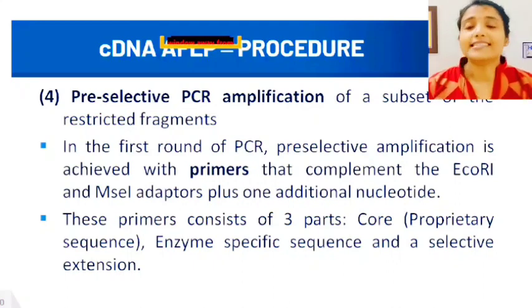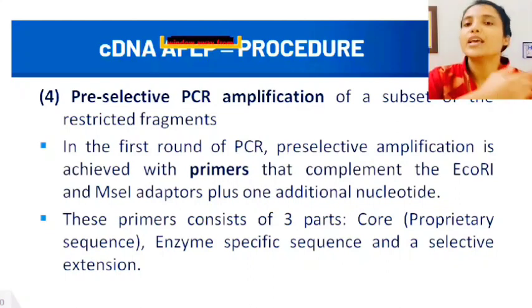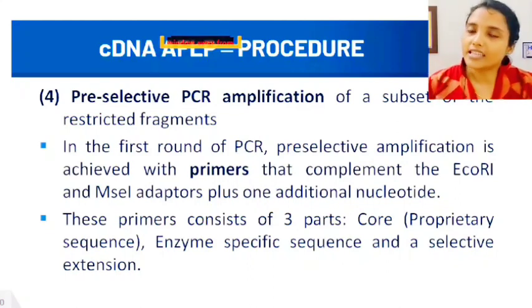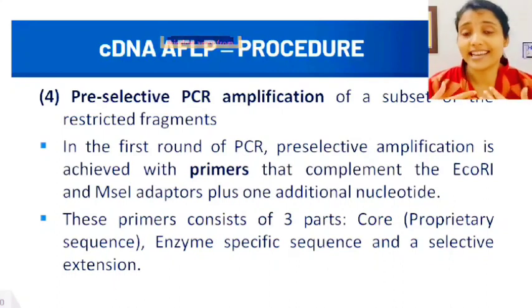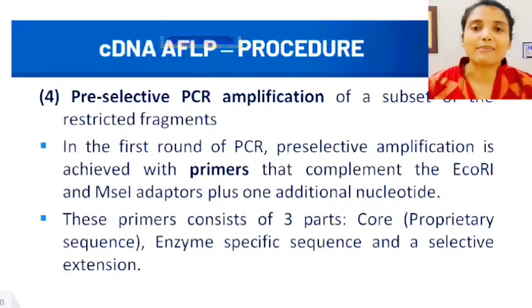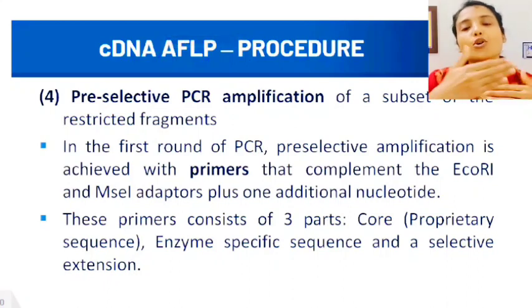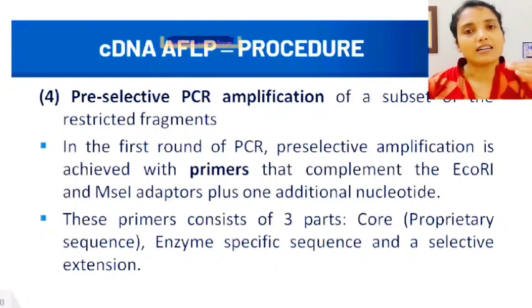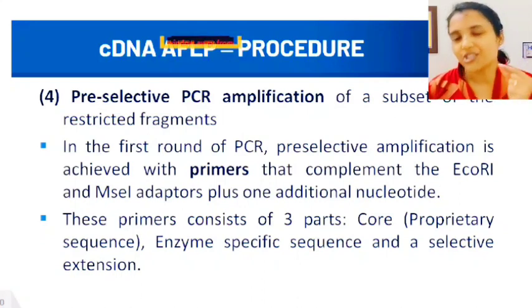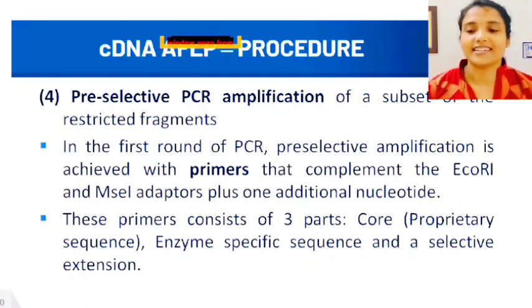So in pre-selective amplification, you're going to use primers which will be coming and adding to the ends of these cDNA. These primers will have sequences which are complementary. Again, these primers are designed by us. So we know what is the adapter sequence. So we'll be designing it complementary to the adapter. It has sequences complementary to the adapter, plus it has another additional nucleotide. So we'll see why that is done, okay?